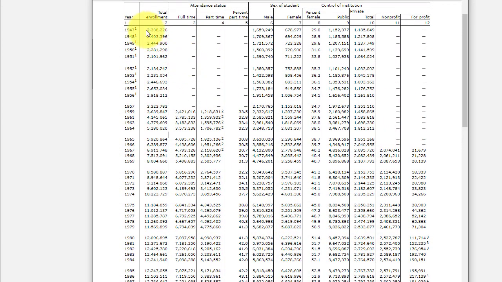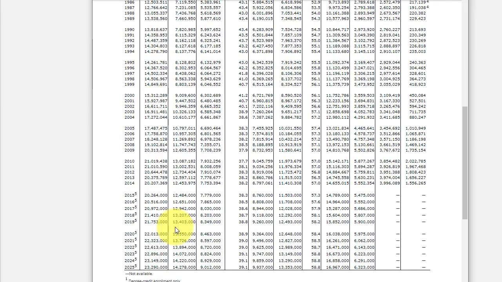So let's look back in 1947, the total college enrollment was 2.3 million people. That's back in 1947. The total college enrollment for people in the last year that this was published in 2019 was 21,753,000 people.